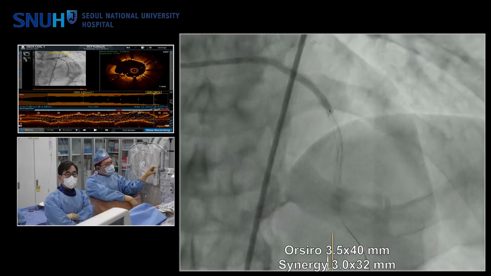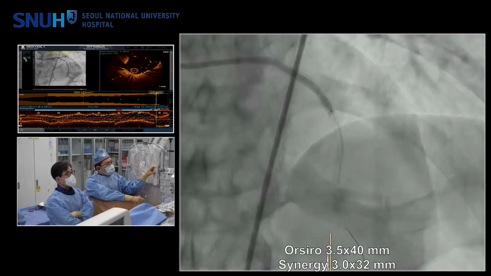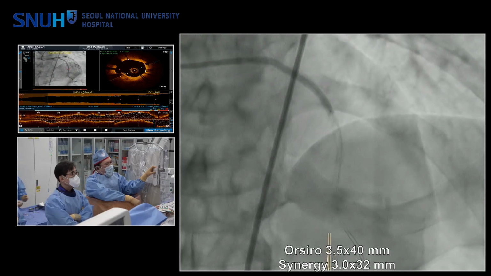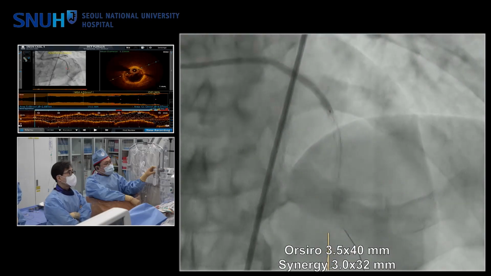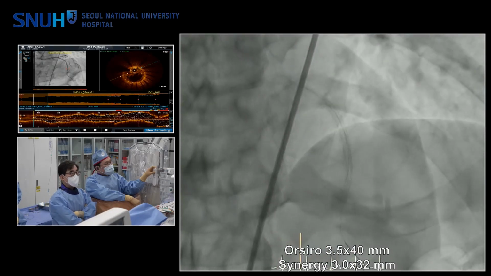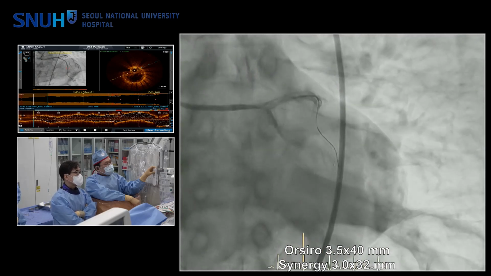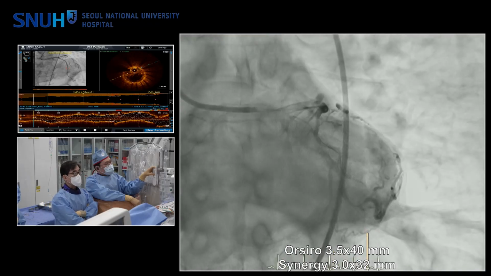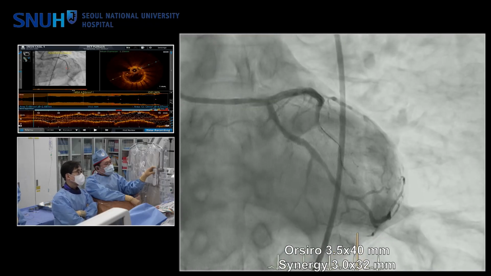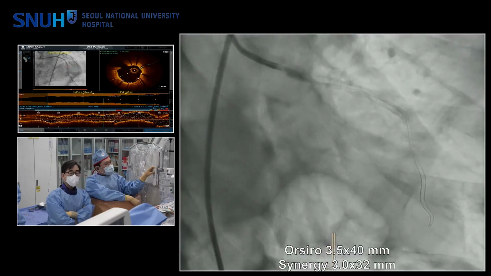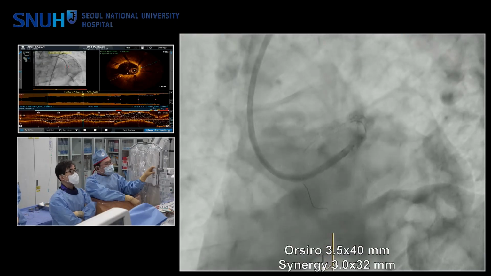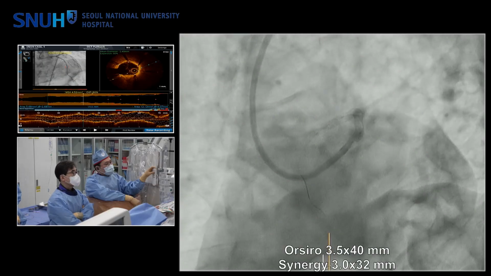Due to the length issue, we chose an Orsiro 3.5 by 40 to cover the upper part of the left main body, with the highest pressure. Here is the angio after implantation of the second stent. Then we did proximal optimization using a 4.0 by 8 balloon.